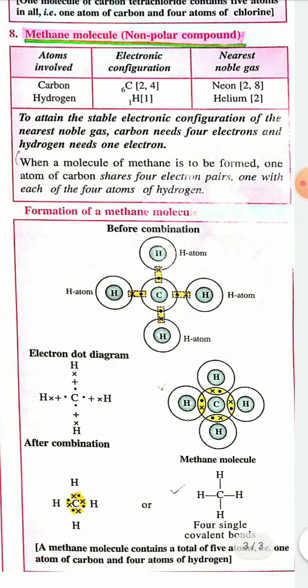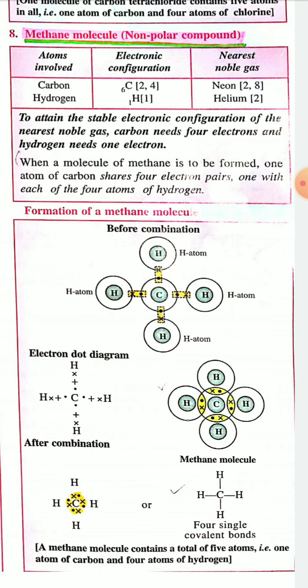And then methane, CH4. The formula of methane is CH4. One carbon is attached with 4 hydrogen atoms, and carbon has electronic configuration 2, 4, that is, the number of electrons in carbon is 6, and hydrogen has 1 electron in its only shell.